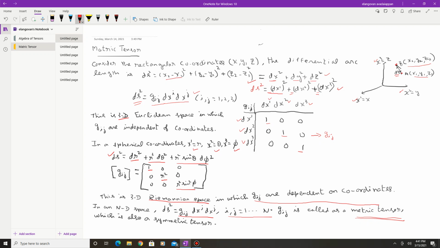This is a symmetric tensor. If you note down the gij values for the Riemannian space as well as the Euclidean space, you will find that both the matrices are symmetric. So this is a symmetric tensor.